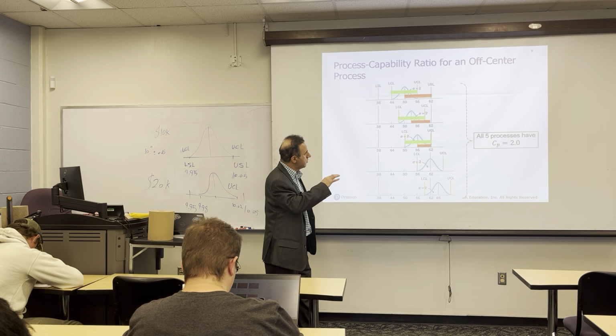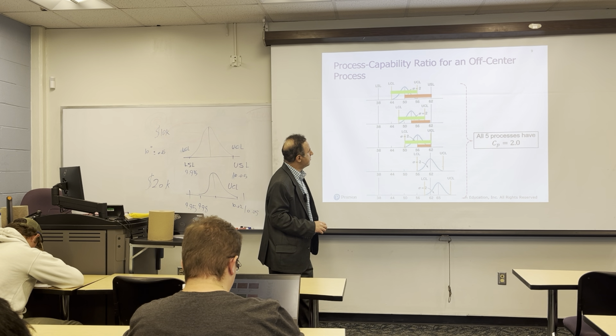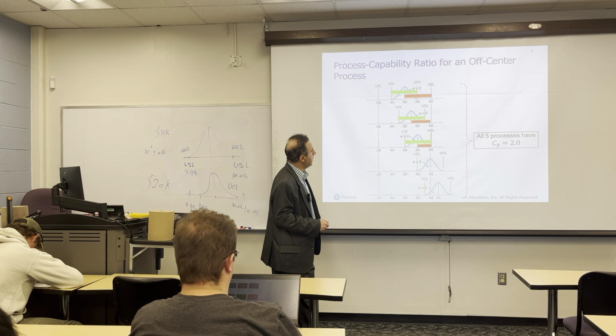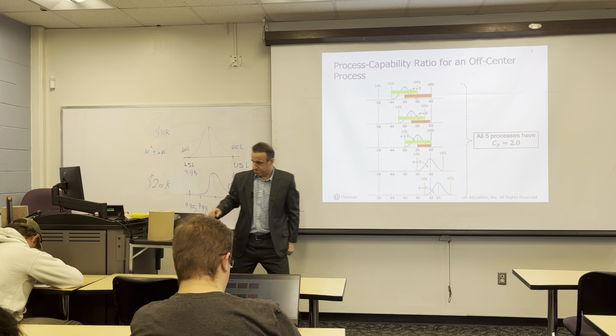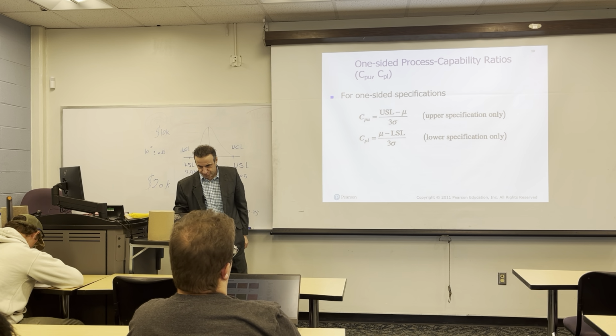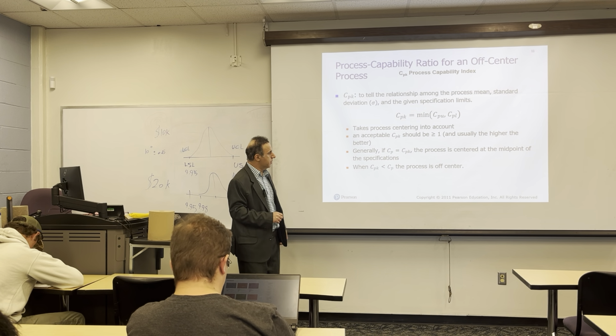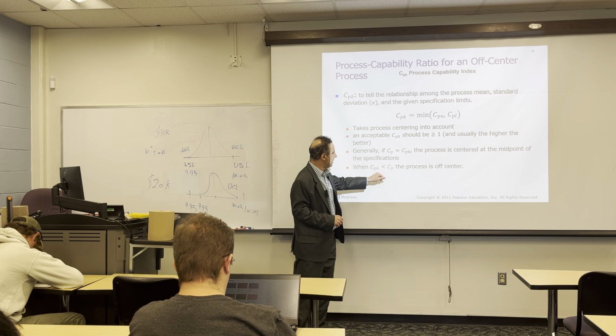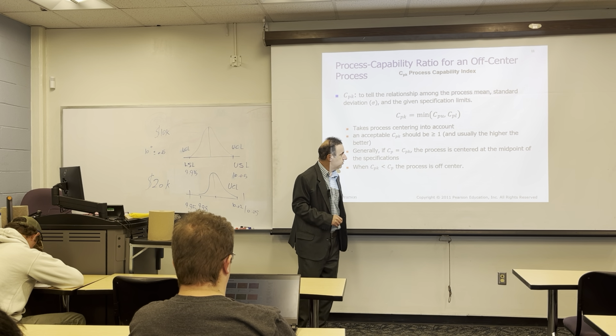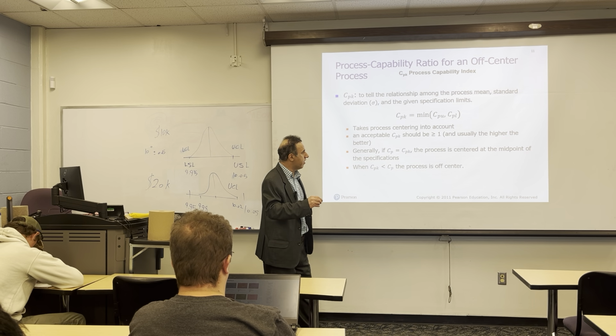Those two lengths will be the same. That will give you CPK 1. So if your CPK is lower than CP, that means your process is off center.